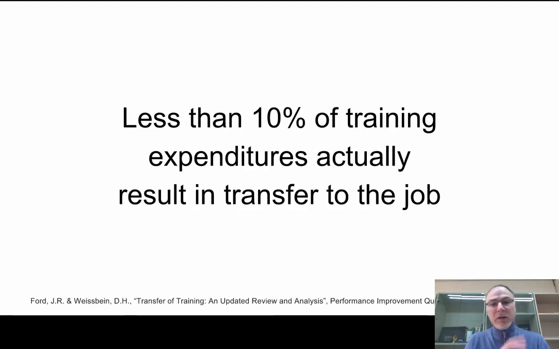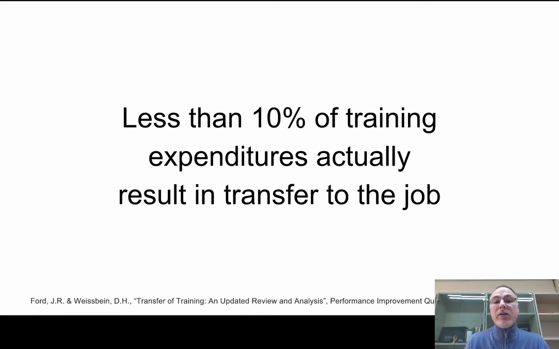More statistics about learning and transfer to the job in general. Another study shows that less than 10% of training expenditures actually result in transfer to the job. Think about that for a minute and imagine what that means for a company that's trying to train its staff to be effective at whatever the job is, whether it's a service industry or whether it is a manufacturing or product industry.